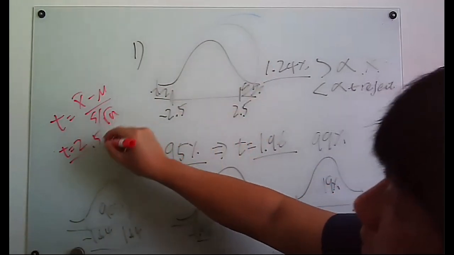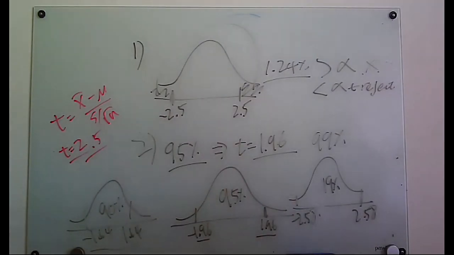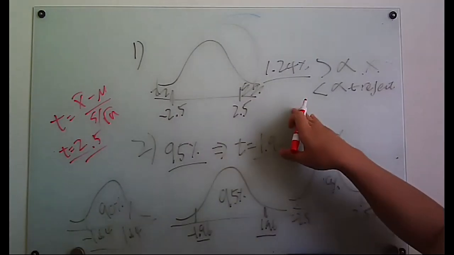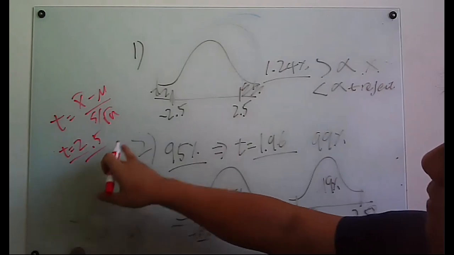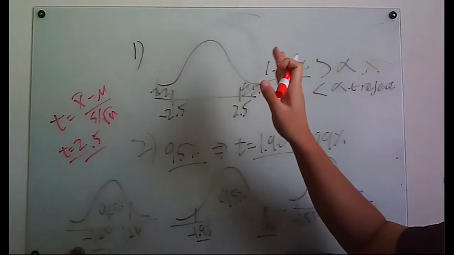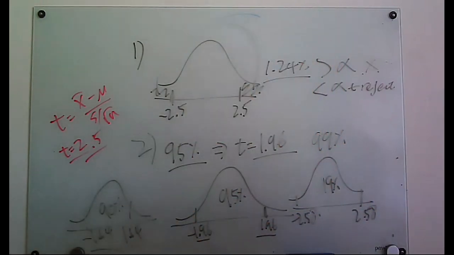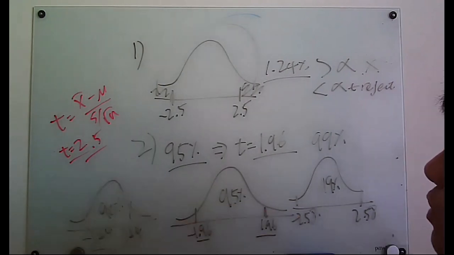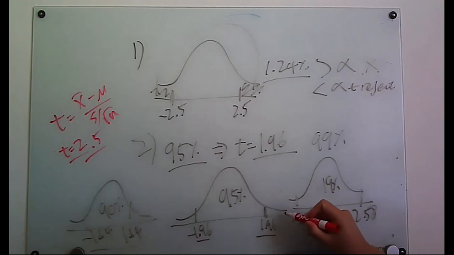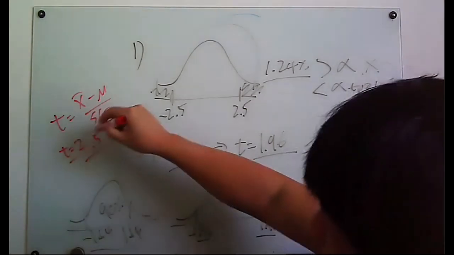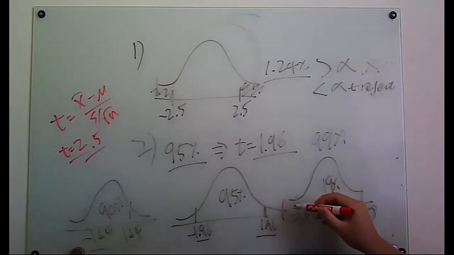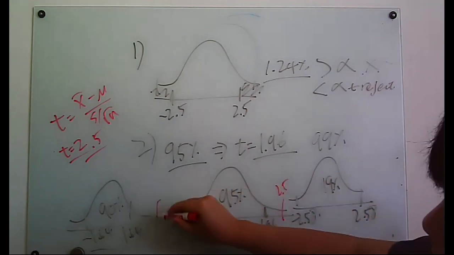We got the p-value based on t equal 2.5 in this example, but let's say I just want to use the second method. 2.5 is somewhere over here, outside of this range. So the absolute value is somewhere here, 2.5, or here, 2.5.